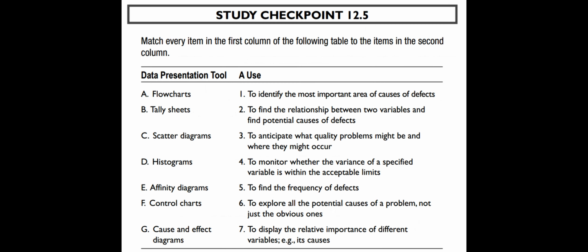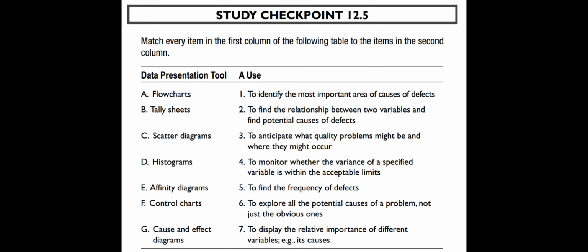Study Checkpoint 12.5. Match every item in the first column of the following table to the items in the second column. Data Presentation Tool A use. A. Flowcharts 1. To identify the most important area of causes of defects. B. Tally sheets 2. To find the relationship between 2 variables and find potential causes of defects. C. Scatter diagrams 3. To anticipate what quality problems might be and where they might occur.